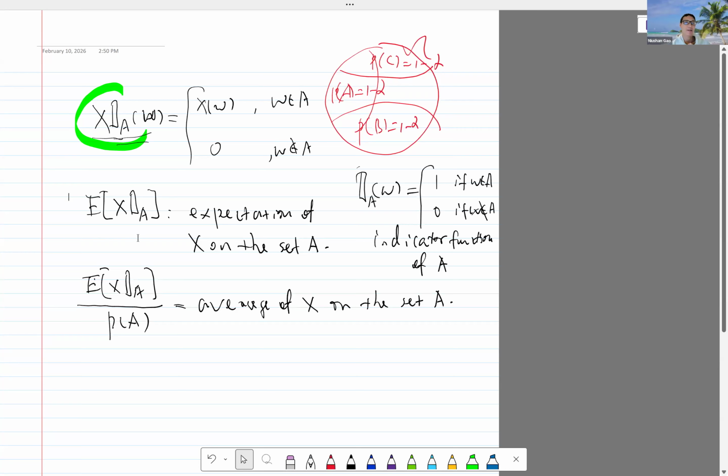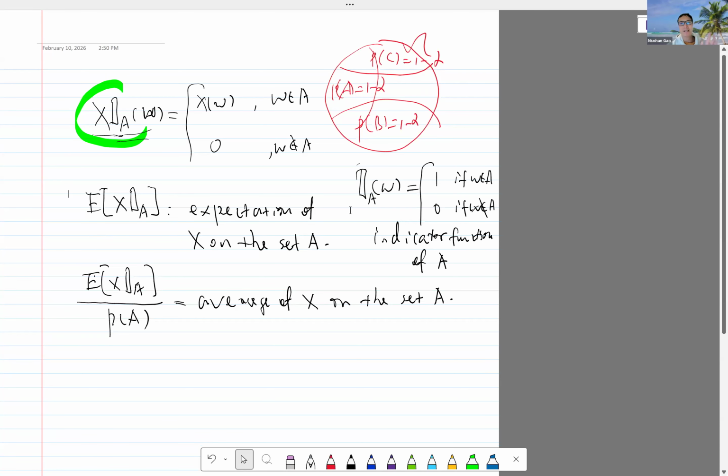Now you take expectation of this. What is it? It's just expectation of X on the set A. On A, it is still X. Outside A is 0 now. If you divide it by the probability of A, what is it?